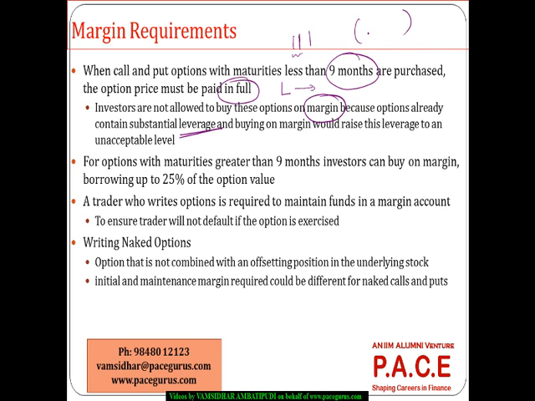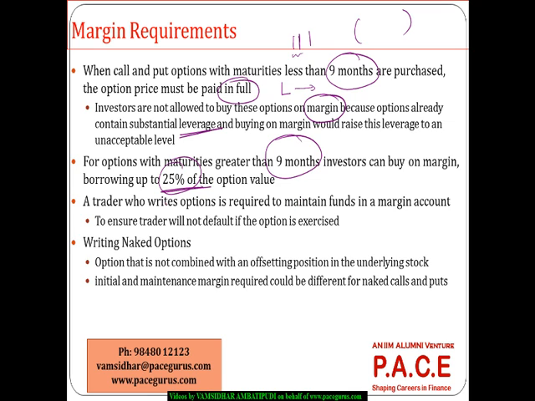So, to a large extent, for very short-term options, there is no facility of margin buying, paying the premium to the party. Whereas in the case of longer-term maturity option contracts, in the United States there are possibilities of buying on margin, at least up to 25% of the option value.